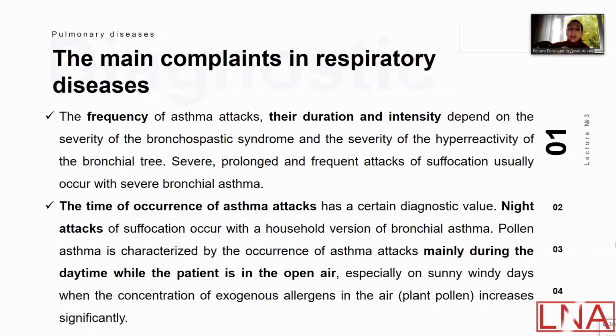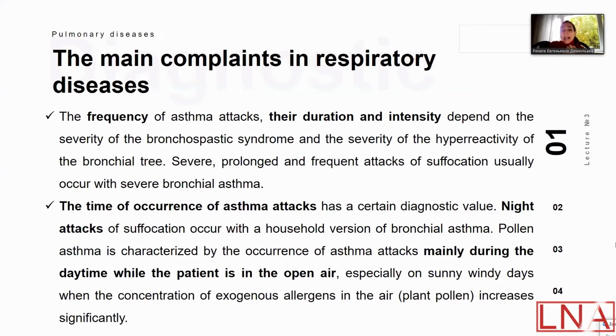The time of occurrence of asthma attacks has a certain diagnostic value. For example, night attacks of suffocation occur with household allergen bronchial asthma. Remember, night, sleep on the pillow and contact too closely with allergens.